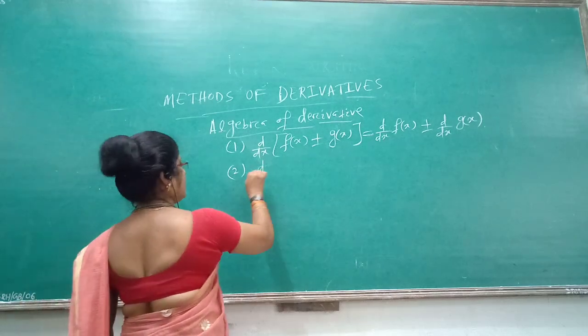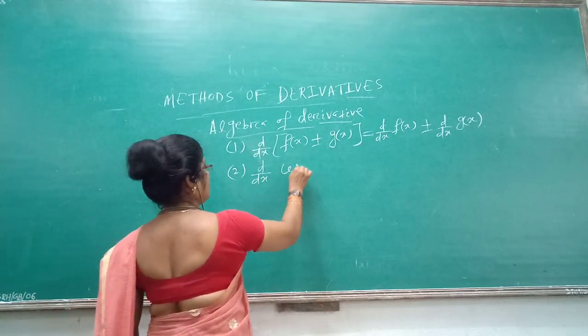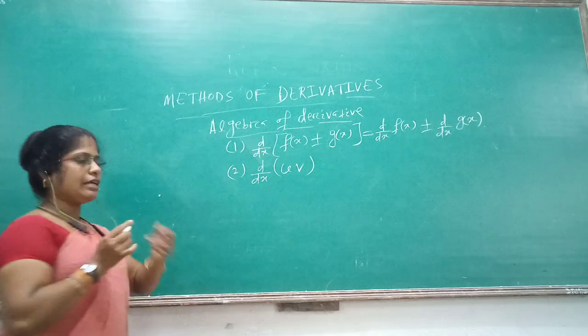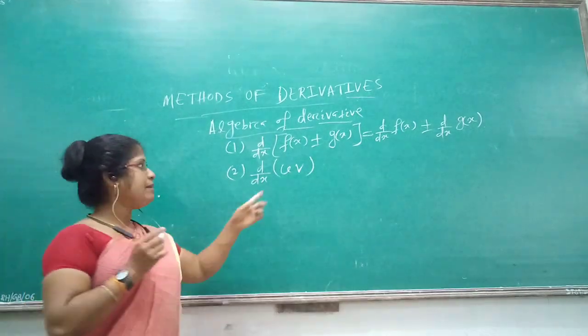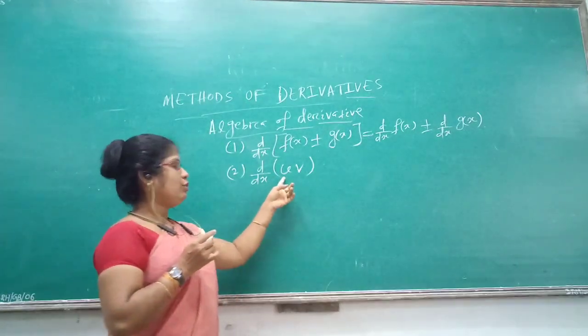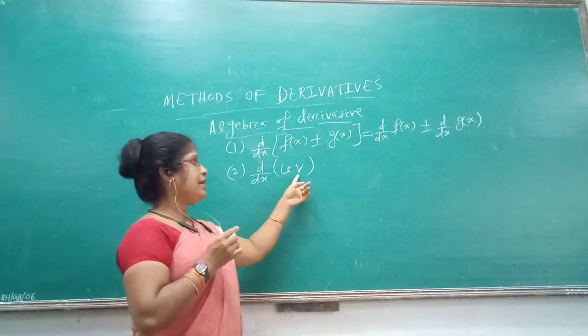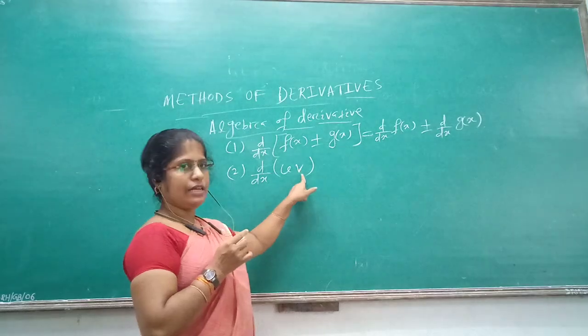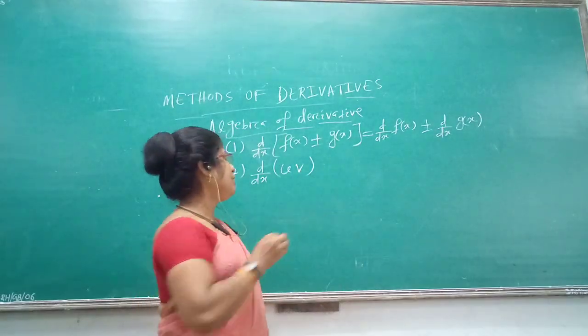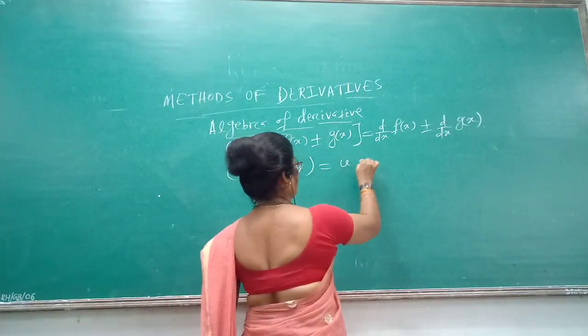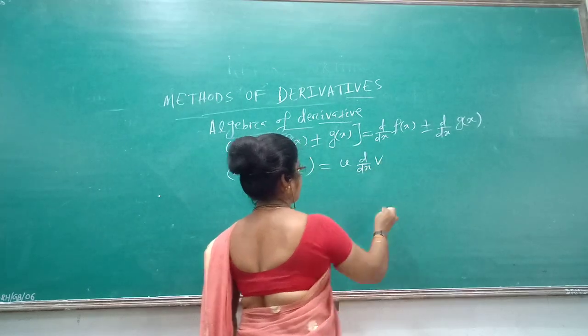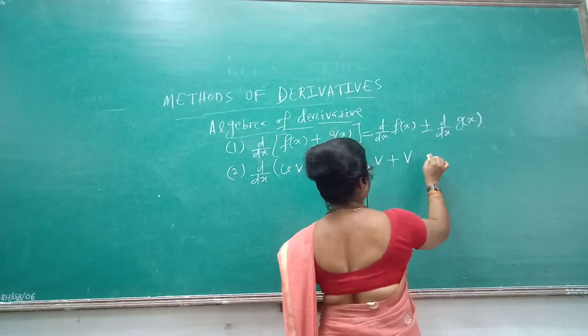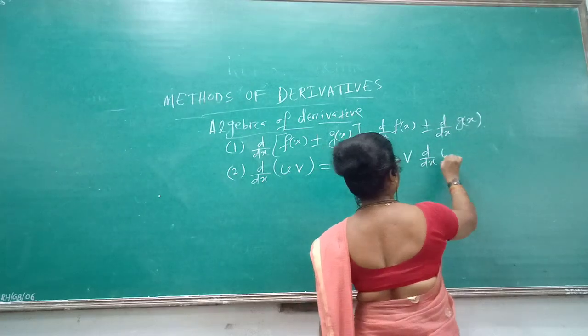Next, that is the product formula. That is, if two functions are multiplied, then the derivative can be obtained. u is the first function and v is the second function. That is first into derivative of the second plus second into derivative of the first, that is u into derivative of v plus v into derivative of u.